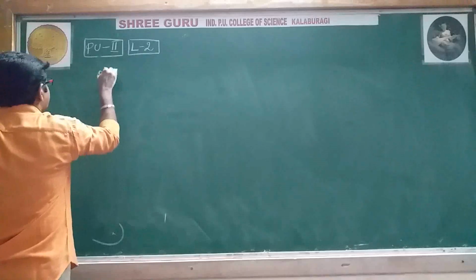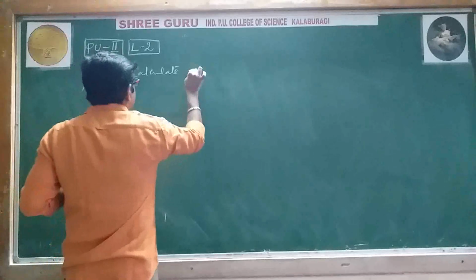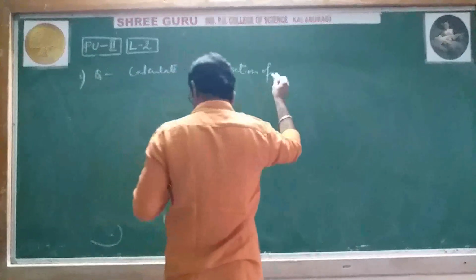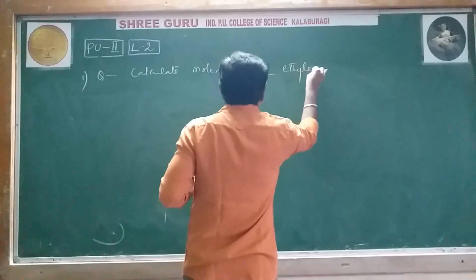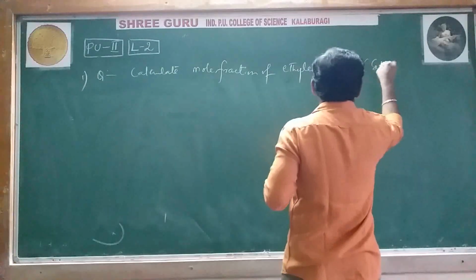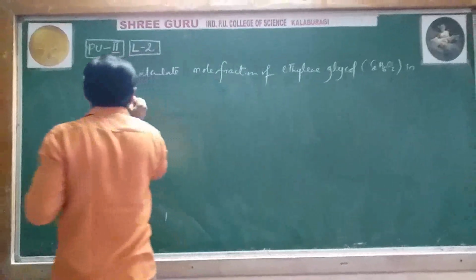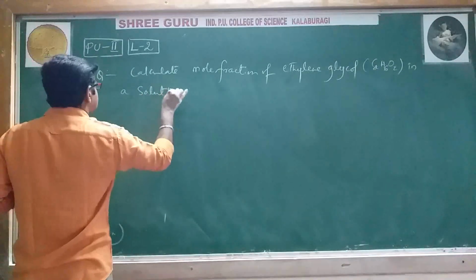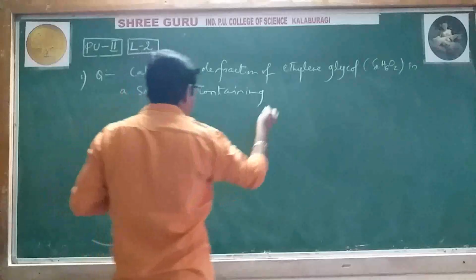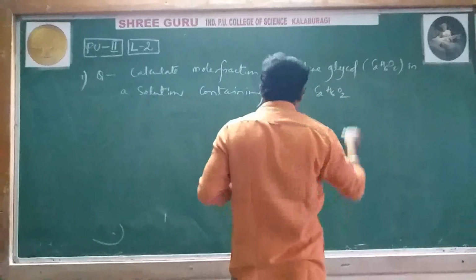The question is like this. Calculate the mole fraction of ethylene glycol, C2H6O2, in a solution containing 20% ethylene glycol by mass.